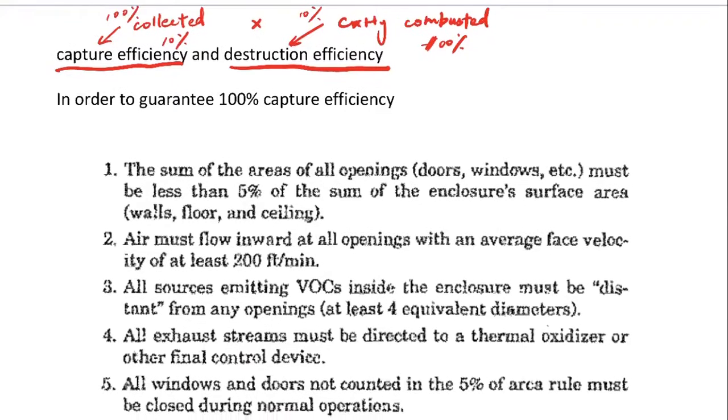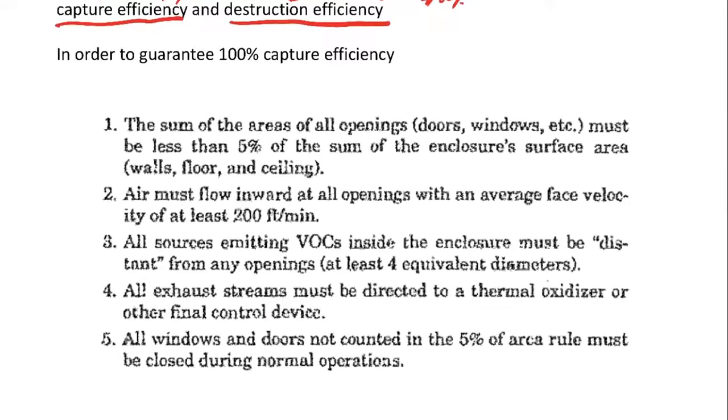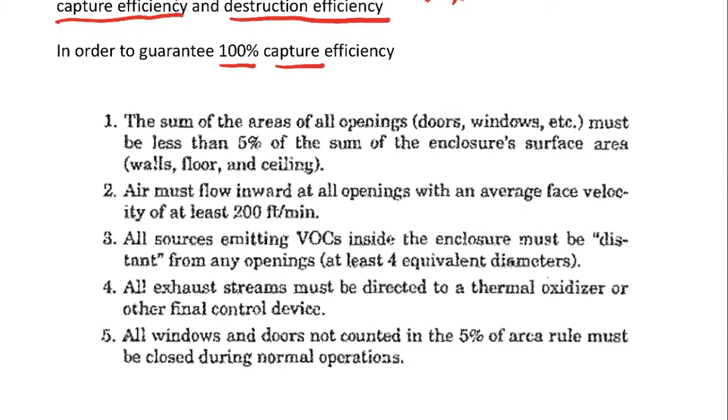Okay, so here it's just listing some criteria for making sure that the capture efficiency is 100%. For example, for the industrial processes that generate VOC, we have to make sure that all openings, for example doors and windows, must be less than 5% of the total enclosure surface area.